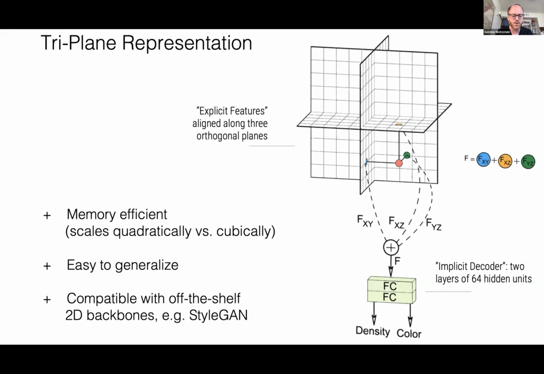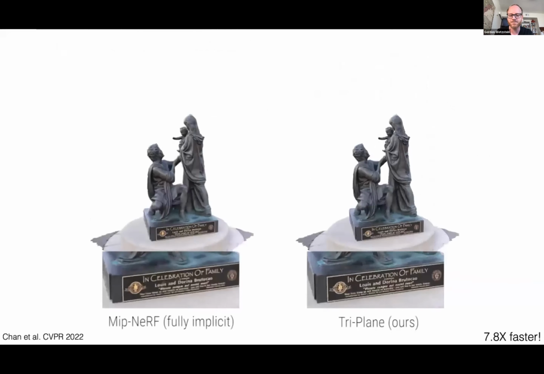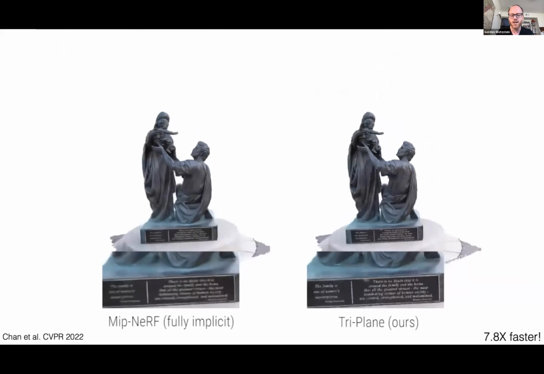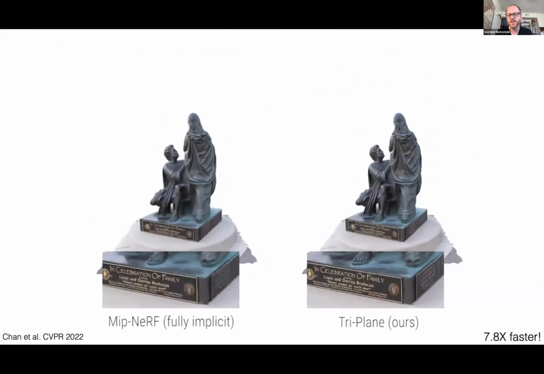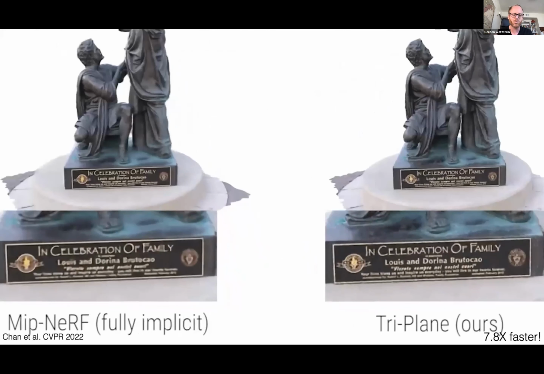It's really fast to render. And probably the most important thing for a generative setting is that it's fully compatible with 2D generator architectures like StyleGAN. We can just generate all of the planes as image channels, and we don't need to do anything special. We can, again, tap into the vast amount of work that people have already done in 2D GANs and just plug them in here.